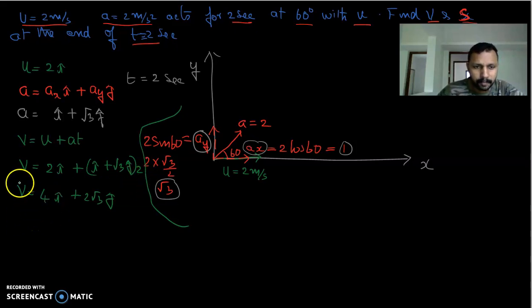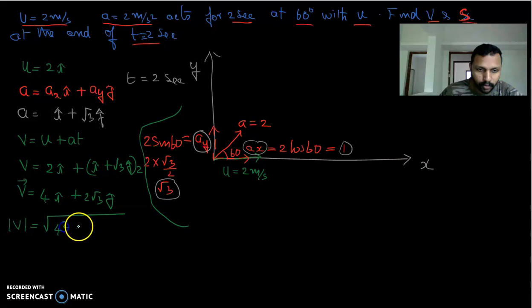Now we have an equation like this. This is our velocity in its vector form. And if you want to find the magnitude of velocity, it is the root of 4 square plus 2 root 3 the whole square. That is, 4 square is 16, and 2 root 3 the whole square is 2 square, which is 4, times root 3 square, which is 3; 4 threes are 12.